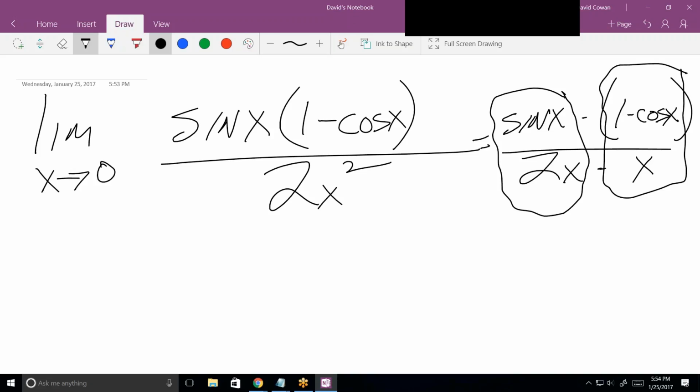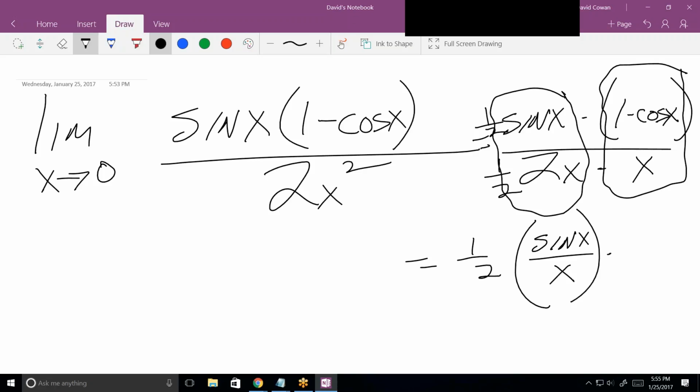Yeah, because this is going to go to some number. It turns out this is going to go to a half. The thing I have circled on the left, in order to figure out what that went to, I'd have to multiply the top by 1/2, multiply the bottom by 1/2, and then I've got 1/2 of sine of x over x times 1 minus cosine x over x.